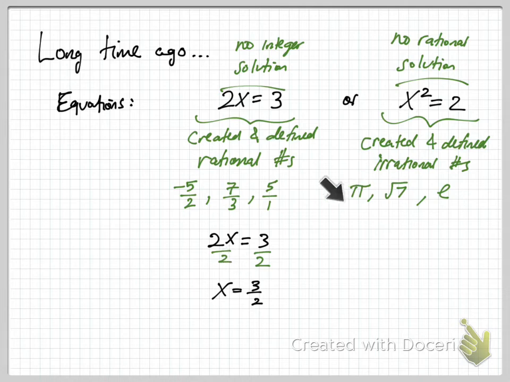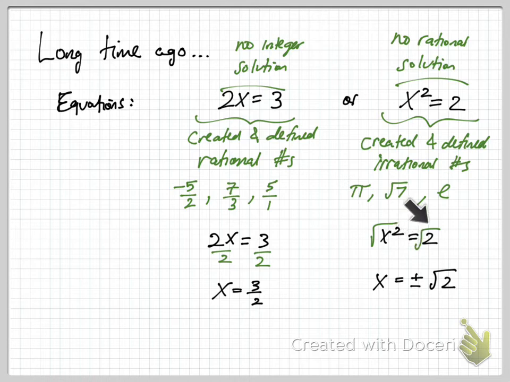And then once they expanded the list to irrational numbers, now they said, okay, it makes sense for us to take the square root of 2. It's just going to be the irrational number square root of 2, which is this very weird decimal, which again could also be placed on a number line somewhere to represent distance.